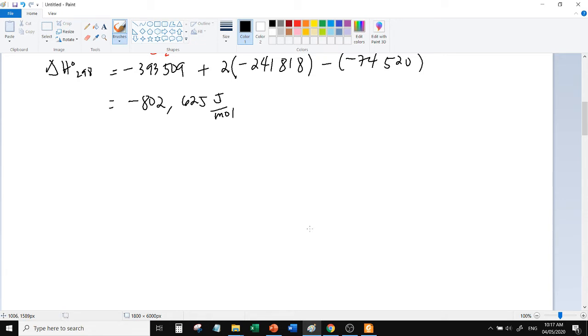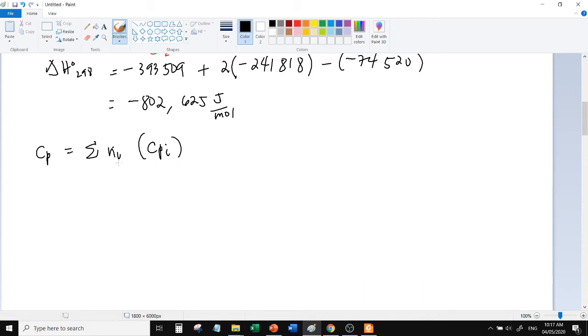Okay, so gagamitin natin yung equation na yung CP ng products. Summation siya ng moles ng product times yung CP nung kada species.